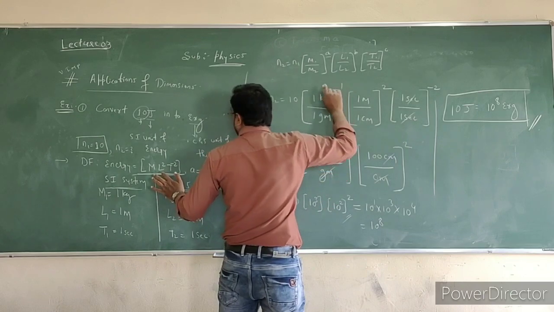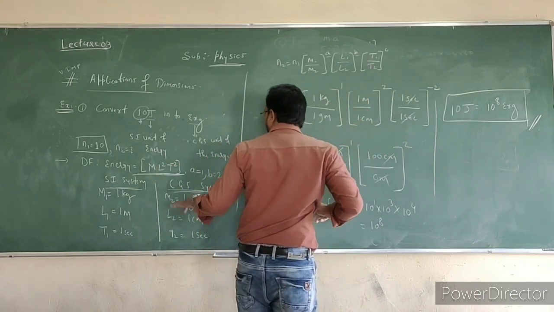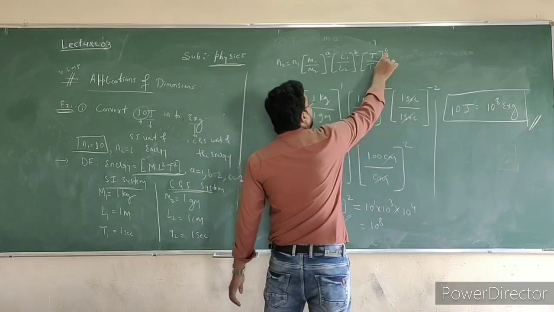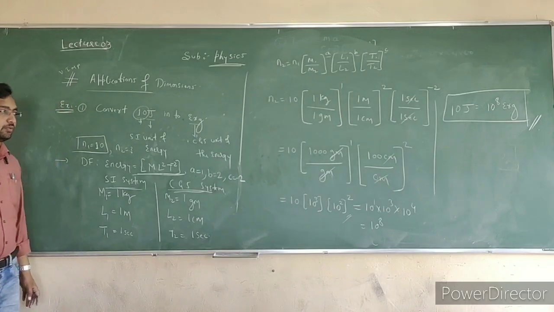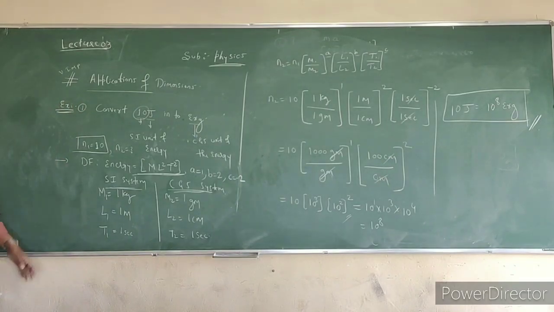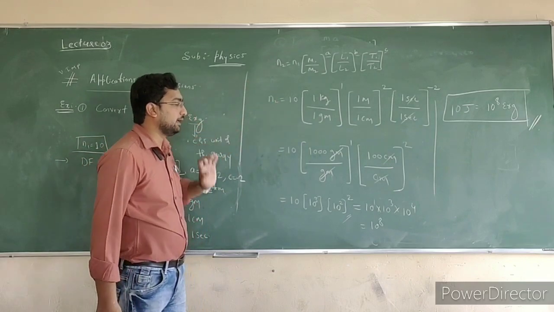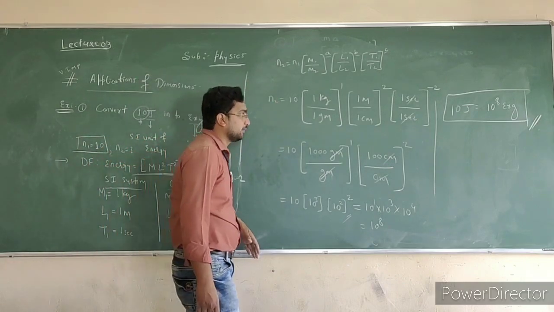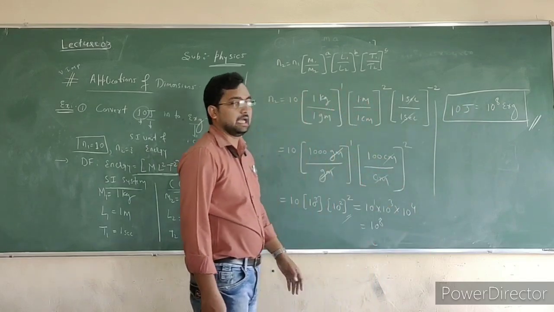Then here L to the power 2 and here L to the power B, so B is equal to 2. And T to the power minus 2 and T to the power C, so C is equal to minus 2. Once we know all the values, substitute them in this equation and simplify it, we will get the final answer. That is 10 joule is equal to 10 to the power 8 erg.